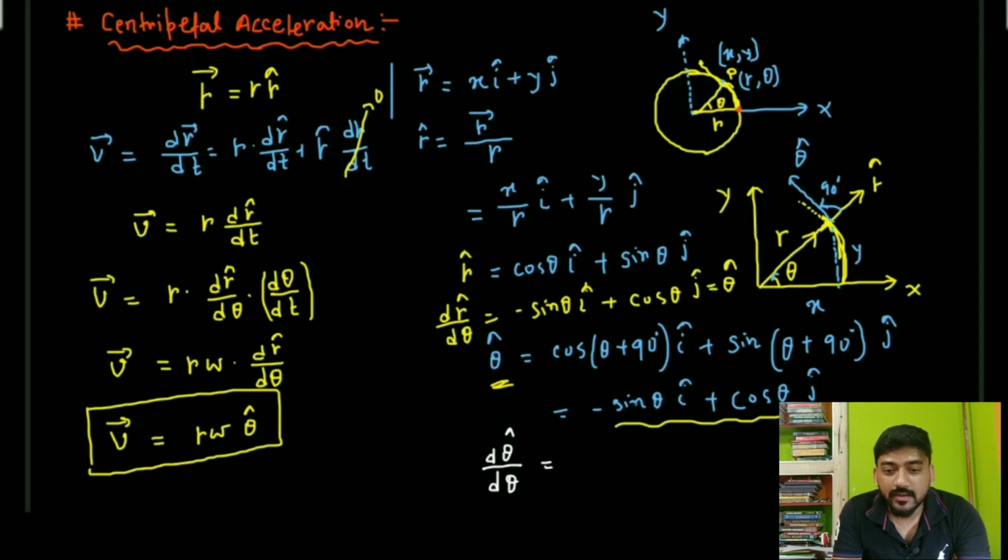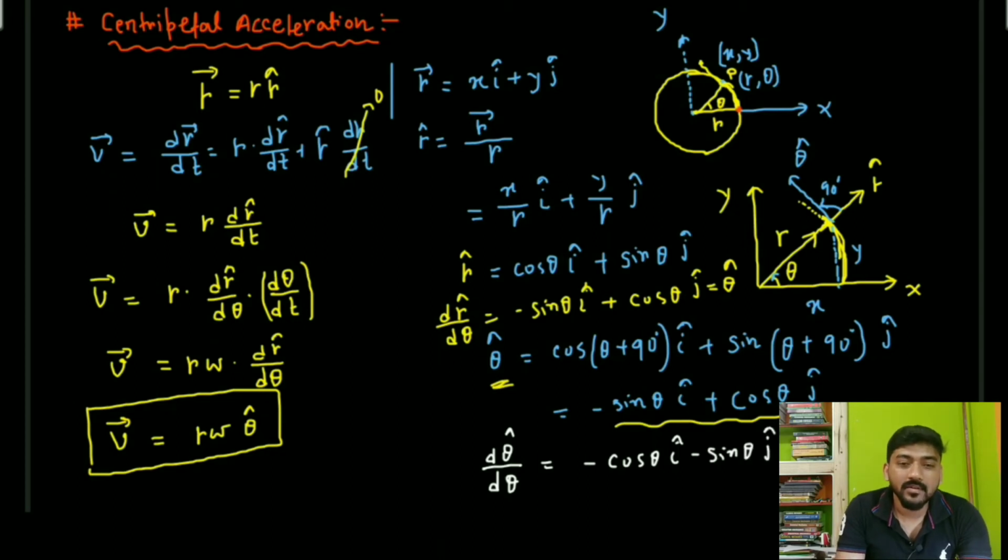So what we will get? The derivative of sin theta is cos theta, so it will be minus cos theta i cap. And the derivative of cos theta is minus sin theta, so it will be minus sin theta j cap.